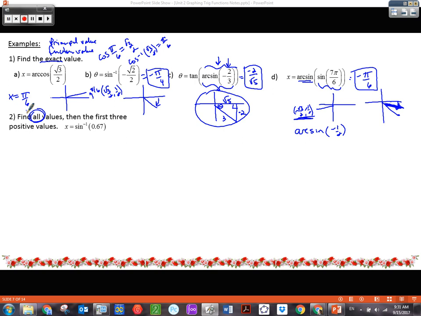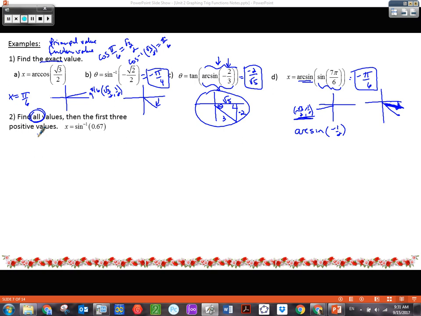Students were getting really confused earlier, and they were trying to force the function rules on the all. That doesn't work that way. We're either looking at the function and there's one answer, or we're looking at all and there are all answers. There is nothing in between. Either it's one answer or all answers. Okay, now we're working on all answers.